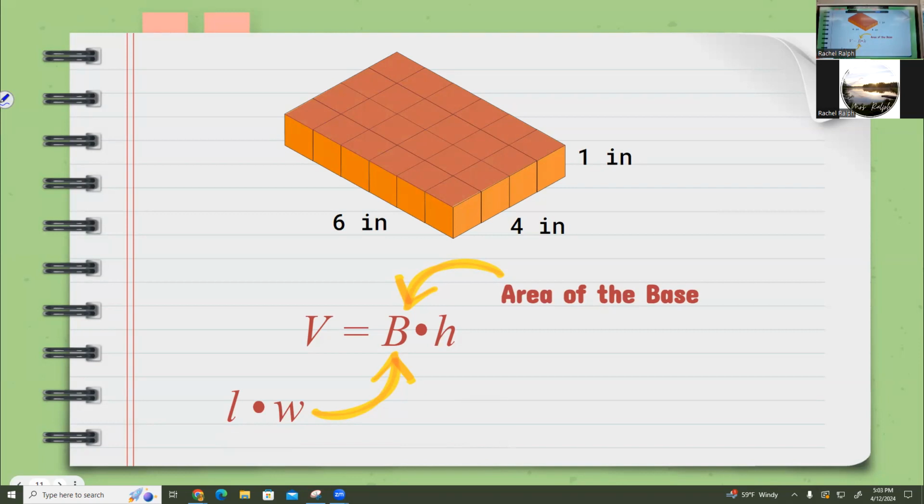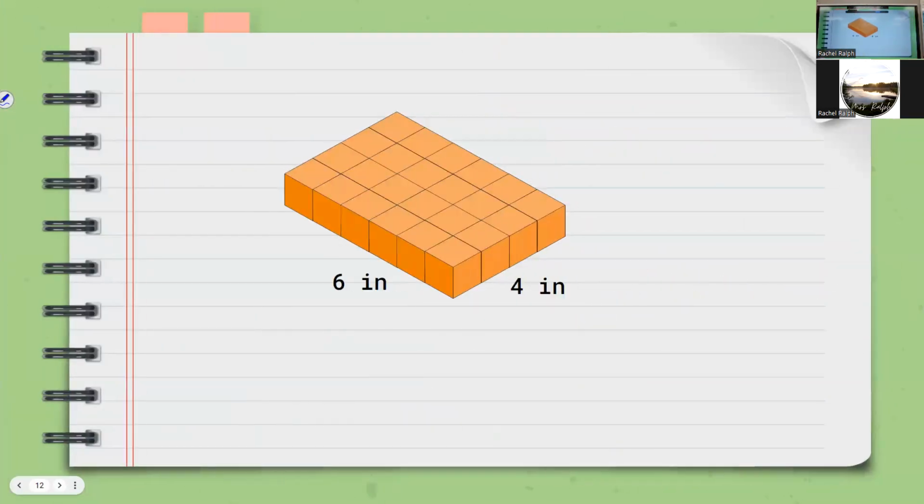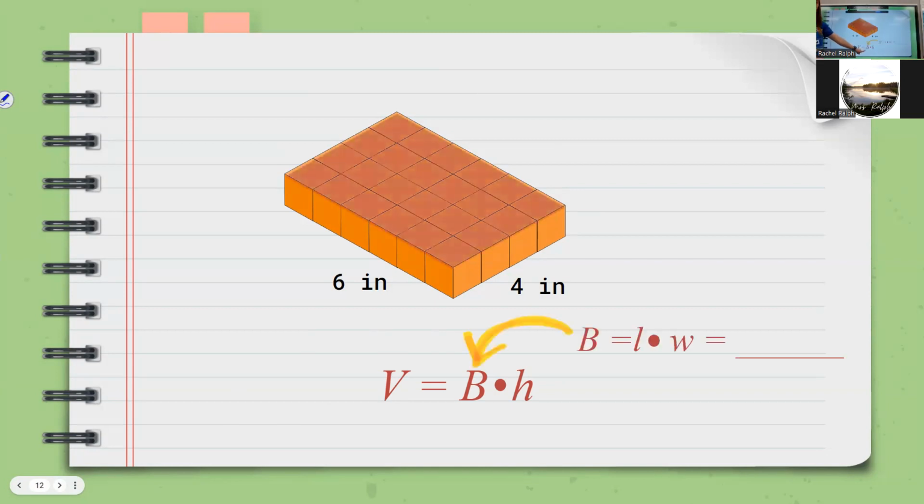So we're going to take this one and build it up a little bit. We're going to take what we started with, the same base here. We've got 6 inches by 4 inches. Our volume is B, the area of the base, times the height. To find B, the area of the base, it's length times width.